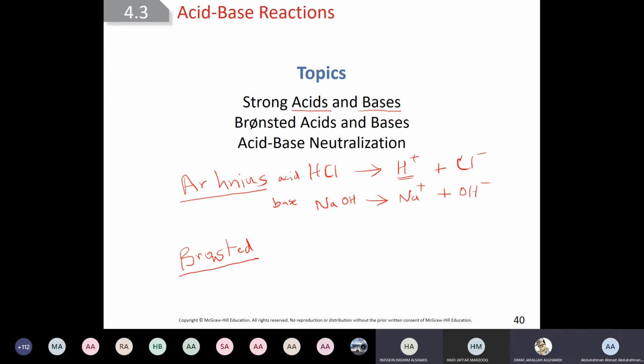Yes. Why? Because it gives OH minus. So very quickly, define what's acid by Arrhenius: anything that gives H plus is called acid. What's the base? OH minus. Is this clear? Good.